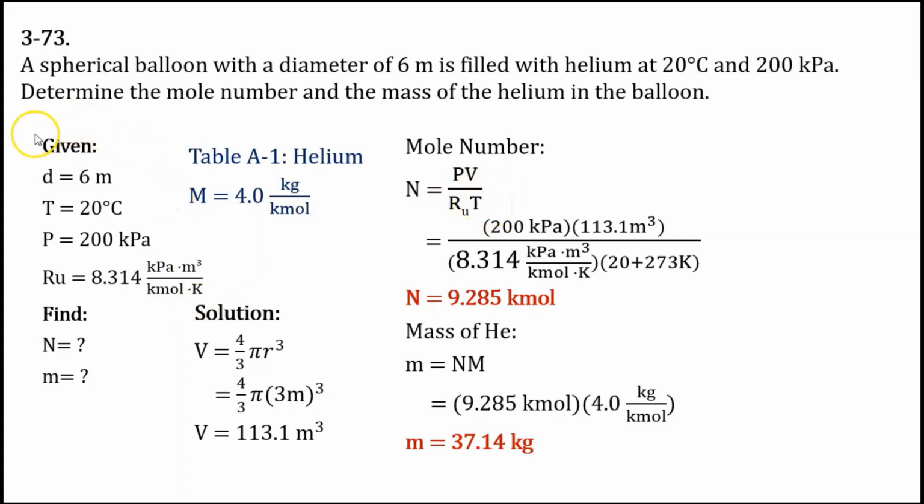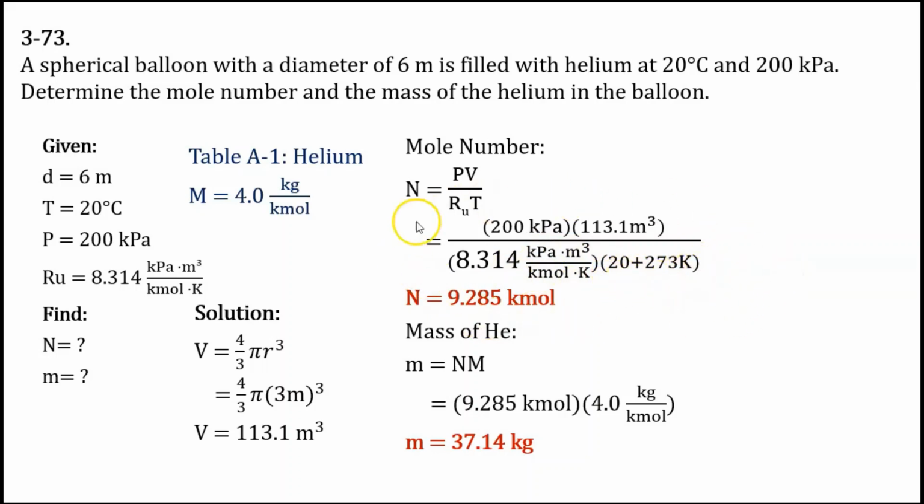So let's plug in this given into this equation. We will now have 200 kilopascals multiplied by 113.1 cubic meters all over 8.314 kilopascal cubic meter per kilomole Kelvin multiplied by 20 plus 273 Kelvin.